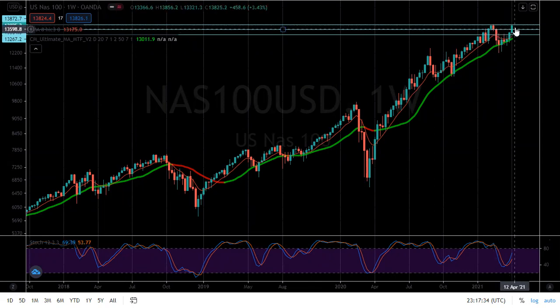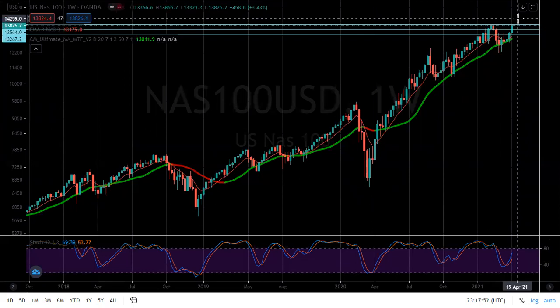What I want to see going forward is a retracement, maybe into the 13574, 13600 area, and a continuation to the upside. Going up, we'll have a move that will take us into the 14259, 14300 area here. If we have enough momentum, we'll break that and go way up to the upside. That's what I can see for this pair.